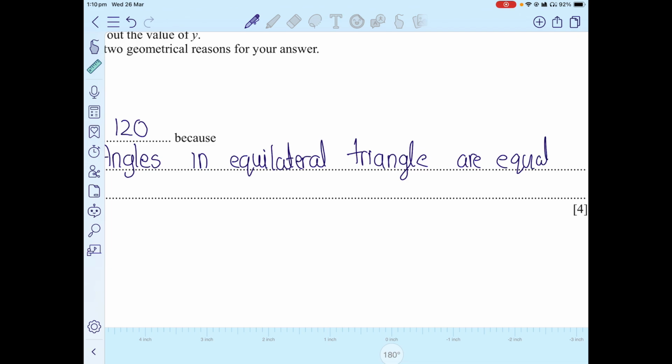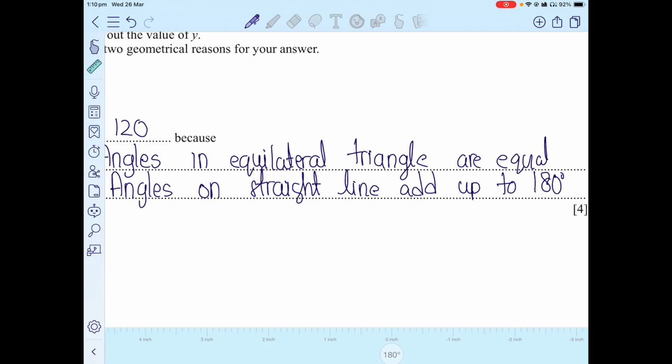The other reason is that angles on a straight line add up to 180 degrees.